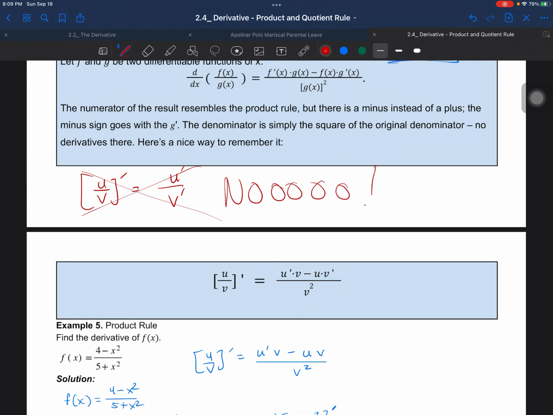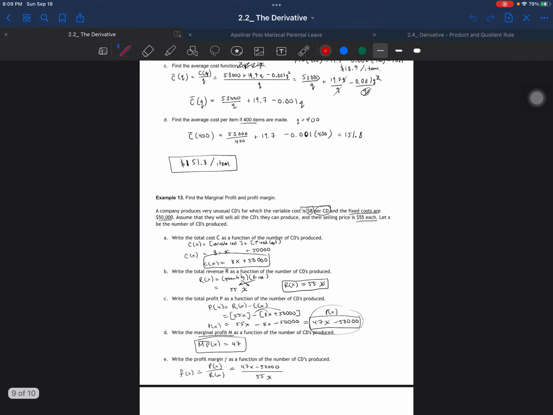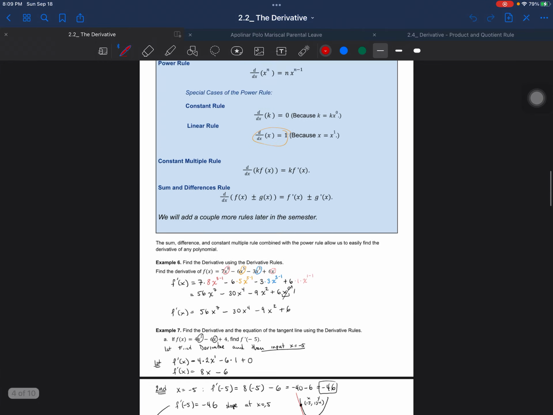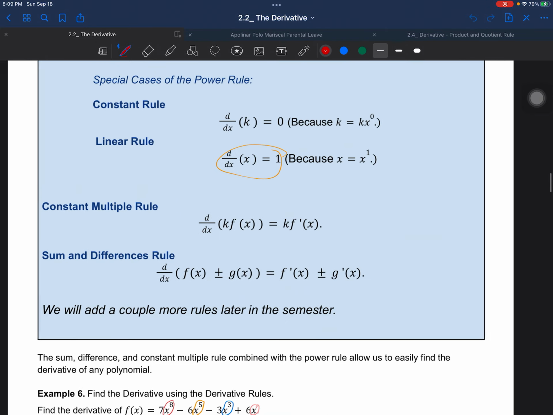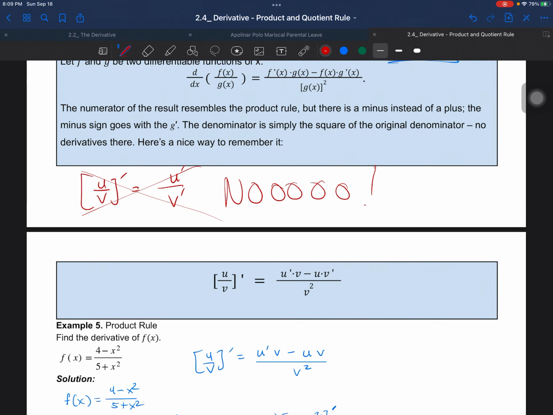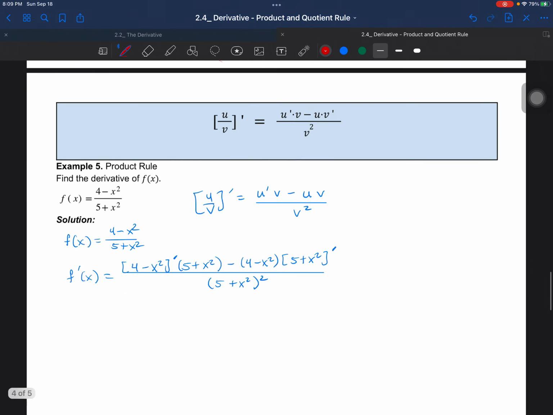So we gotta be careful with that. Please remember that from previously. It is true for the plus and minus: you just have to do the derivative of each one individually, but it does not hold for the derivative of a quotient.